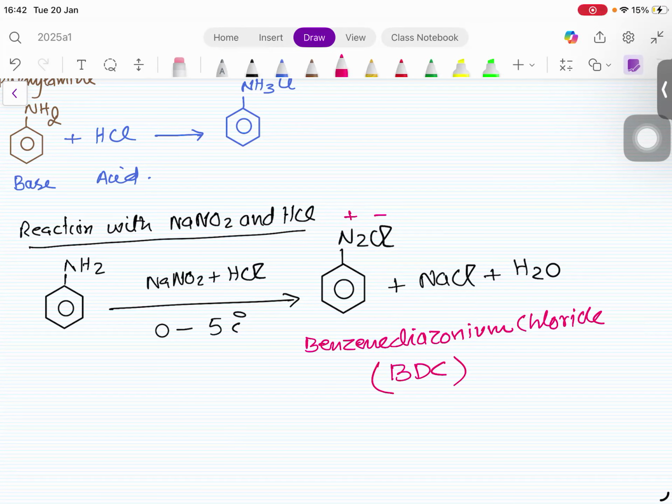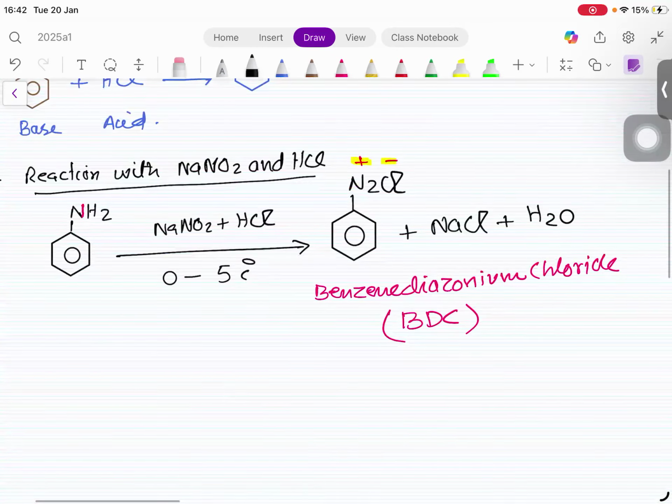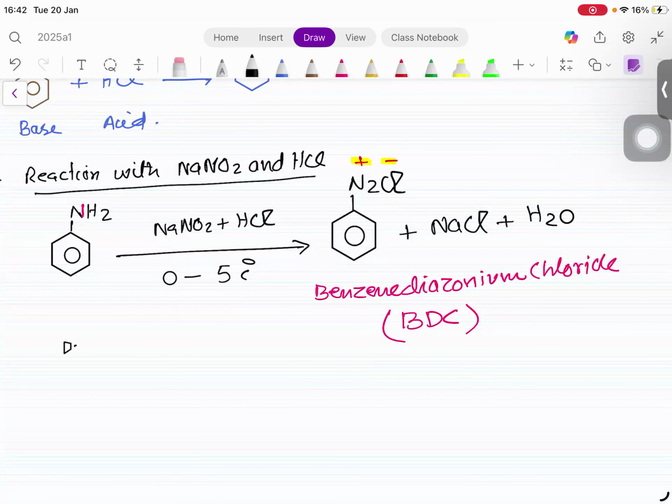NaNO2 plus HCl, are they both reagents or is one of them a reactant? No, this is what I'm going to explain. If you look at this reaction closely, kids, this reaction seems quite weird because we have seen very few times a reaction has two reagents. I'm not saying anything about a catalyst here.